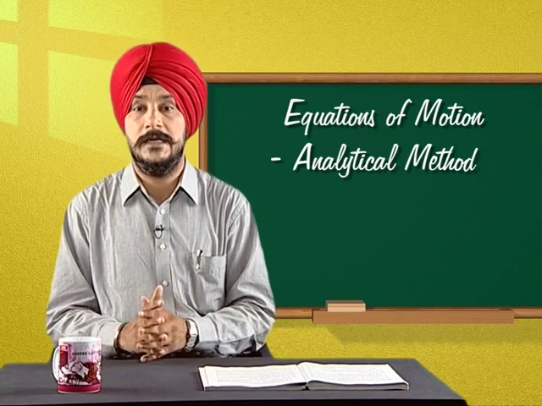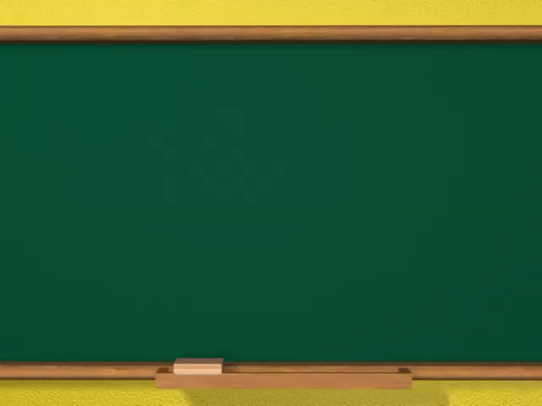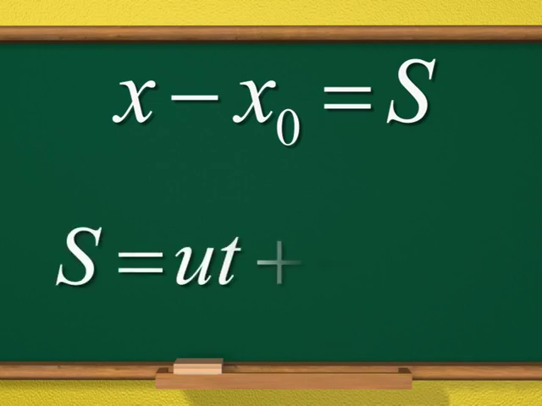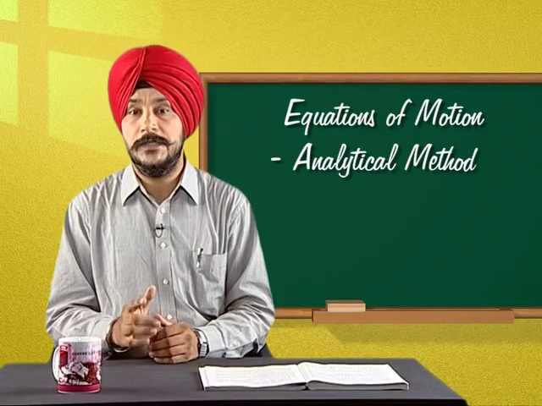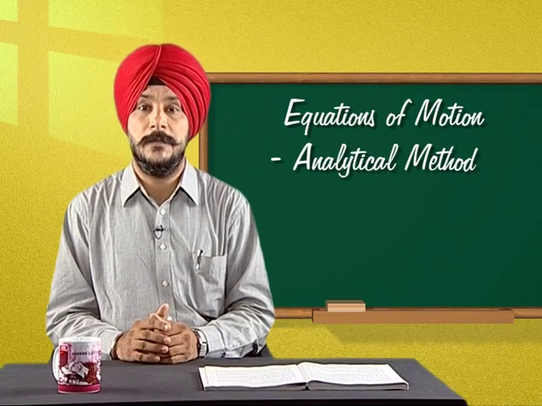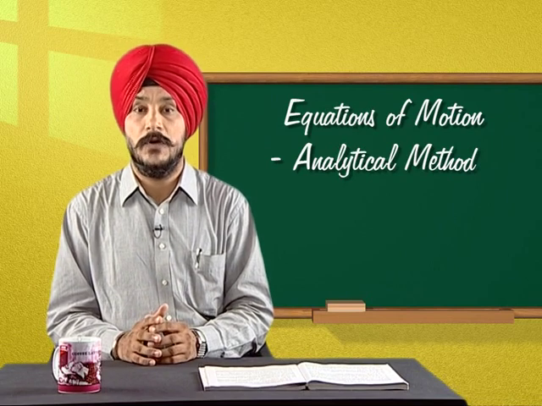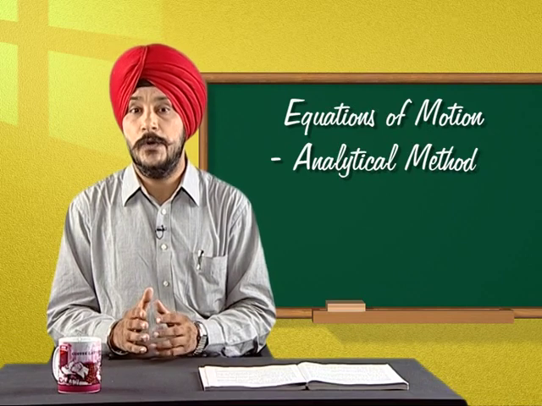If s is the displacement of the particle in time t, then x minus x0 is equal to s, and the general relation becomes s equal to ut plus half at square. This function helps us to determine the position at any time if initial velocity, acceleration and elapsed time are known.